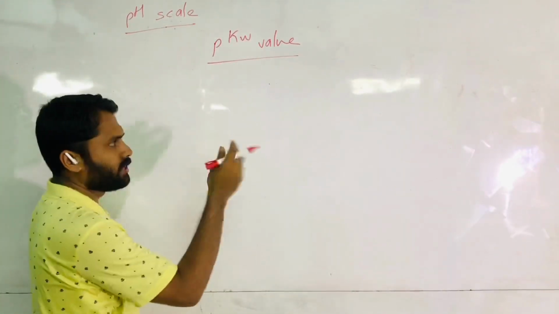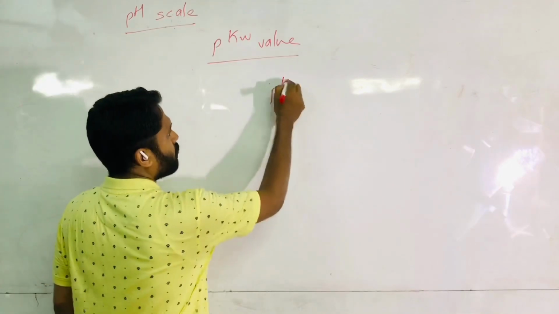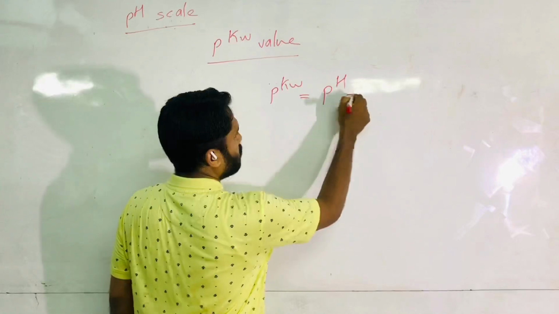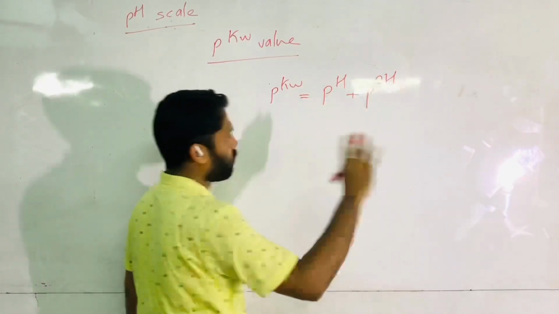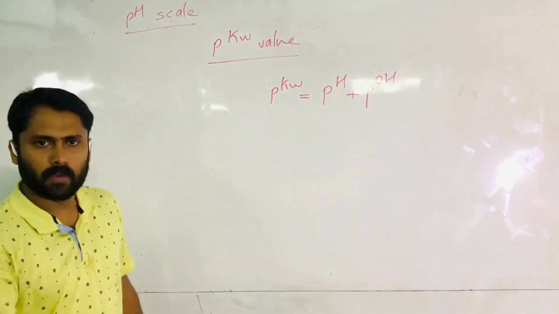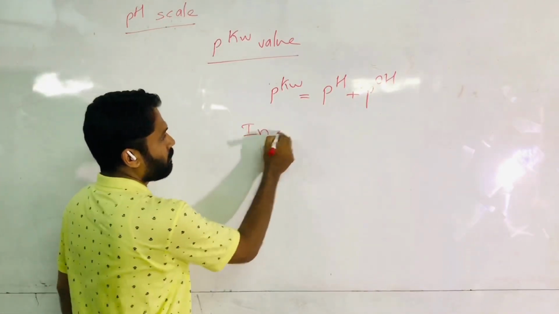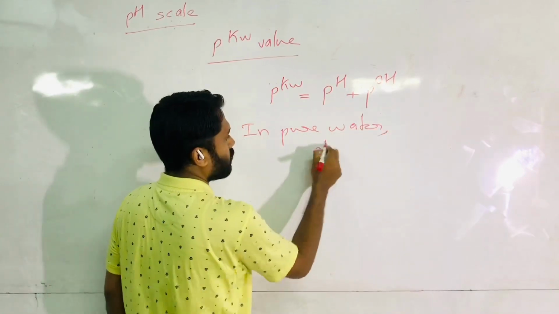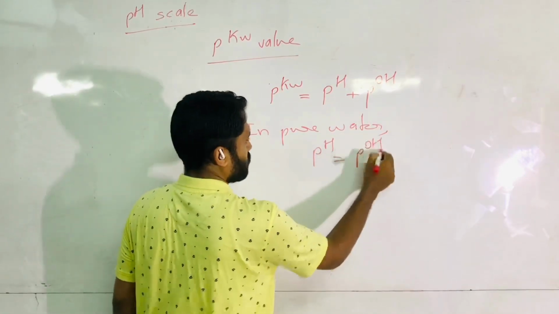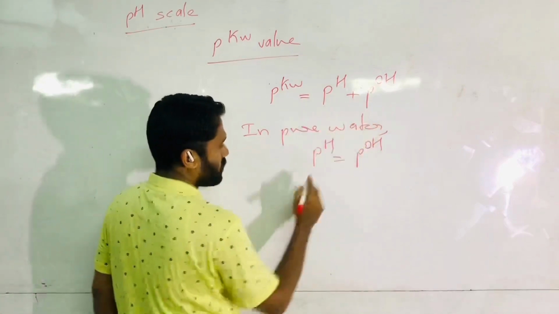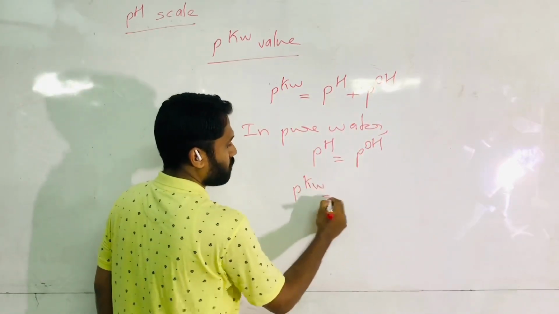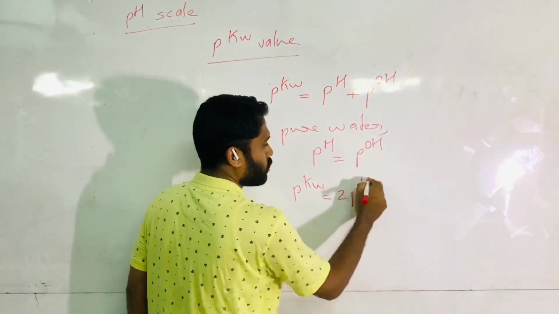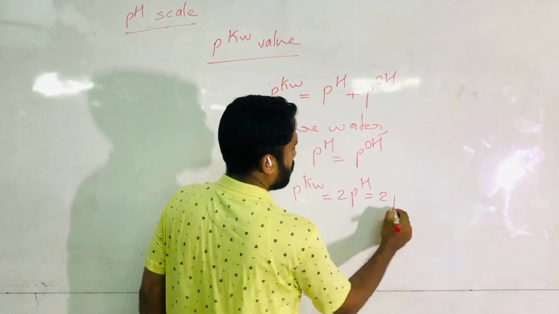I am leaving the derivation. We can relate that pKw is always pH plus pOH. In pure water, pH equals pOH. If pH equals pOH, instead of pH plus pOH, pKw is simply 2 pH.